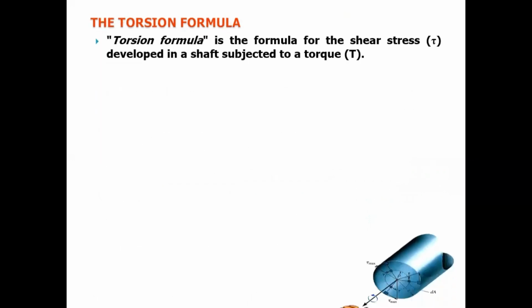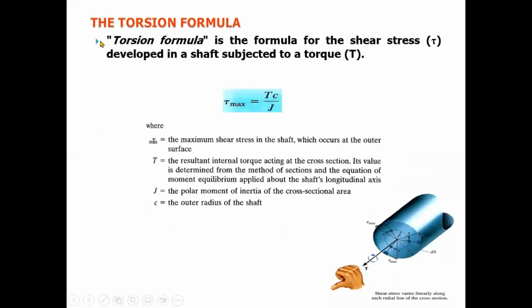The formula of torsion can be represented by the following equation. The torsion formula is the formula for the shear stress tau developed in a shaft subjected to a torque: tau max equals Tc over J. Tau max is the maximum shear stress in the shaft, which occurs at the outer surface.